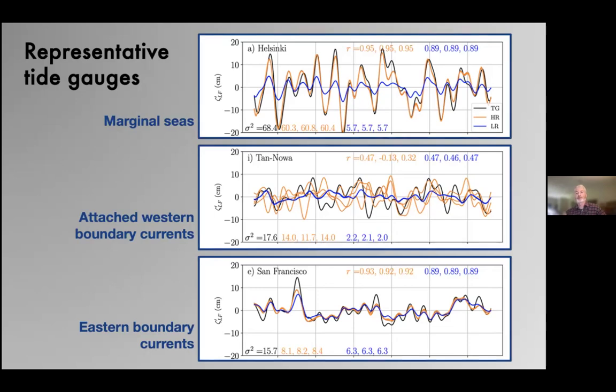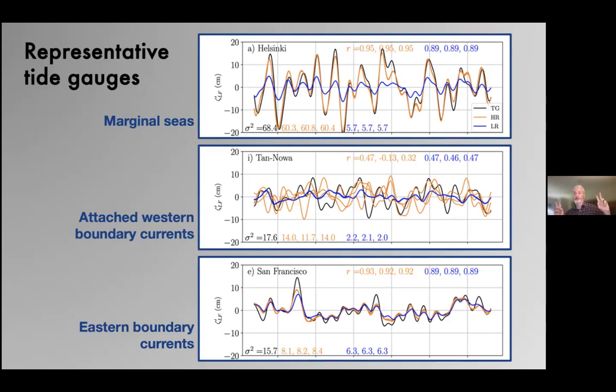If you look at the Kuroshio example, you can see that we get a lot better match to the variability in the tide gauge record in terms of its amplitude, but because of that intrinsic variability, the agreement actually varies widely between the cycles. If you look at San Francisco, you don't see that intrinsic variability.